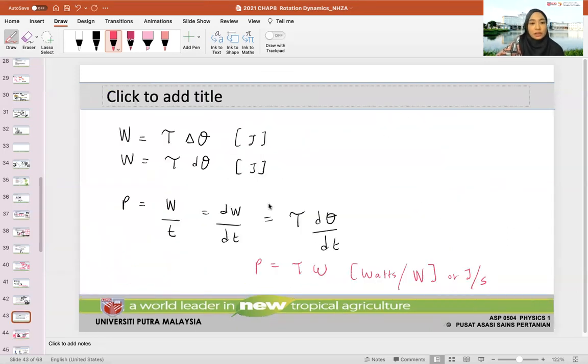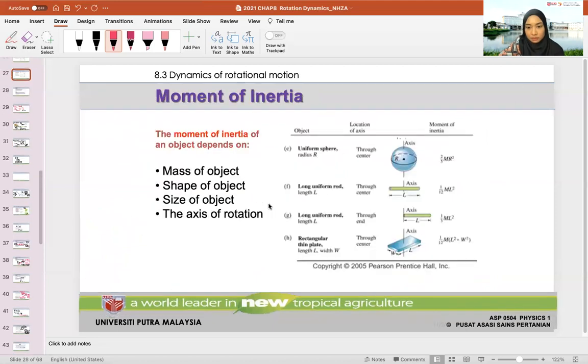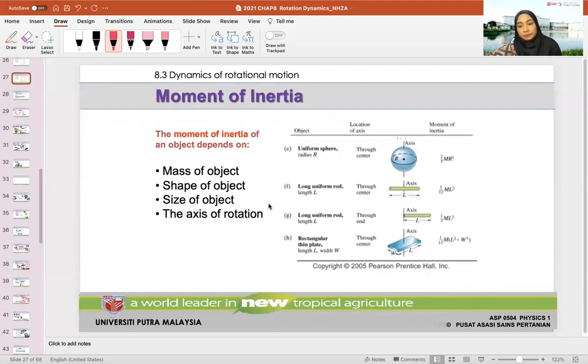Now, let's go back to the table that we have learned earlier. Okay, so look at this long uniform rod. We also have a long uniform rod. Both of them have the same length. I'm going to assume they also have the same mass. Kita assume macam tu, eh? So the difference between these two guys is the axis of rotation, which means that the form of where the particles rotate, the particles ada radius yang berbeza.